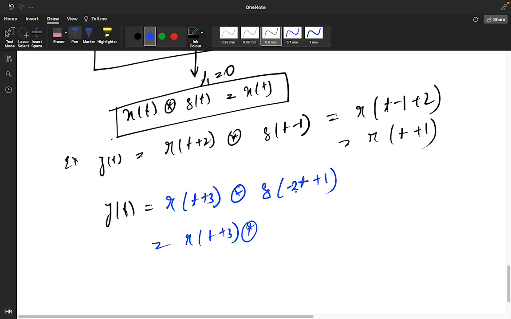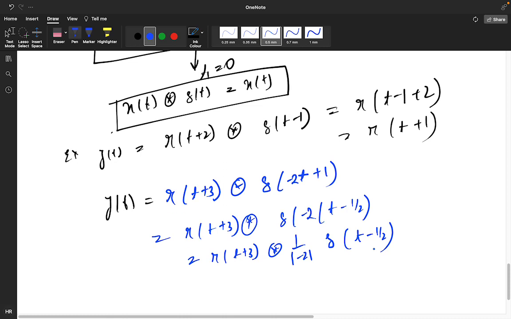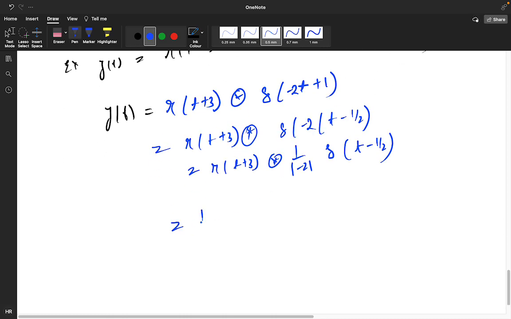So I told you minus 2, you have to take minus 2 common. Minus 2 you will take common, so t minus 1 by 2 will come. Okay, so r of t plus 3 convoluted, and this will be 1 of mod minus 2. This will get ignored, t minus 1 by 2 in impulse. So we can write 1 by 2 r of t plus 3 convoluted with delta t minus 1 by 2.